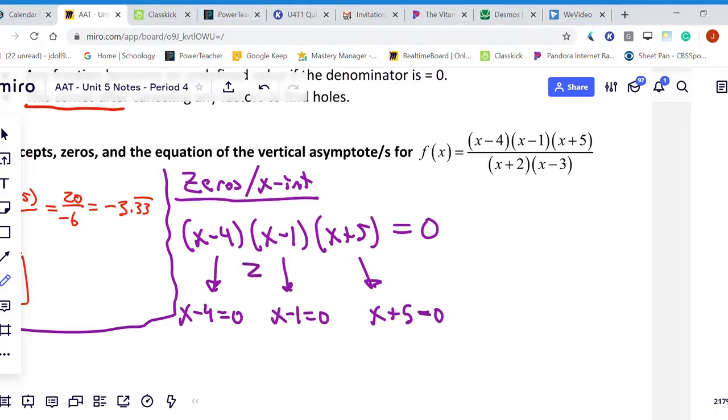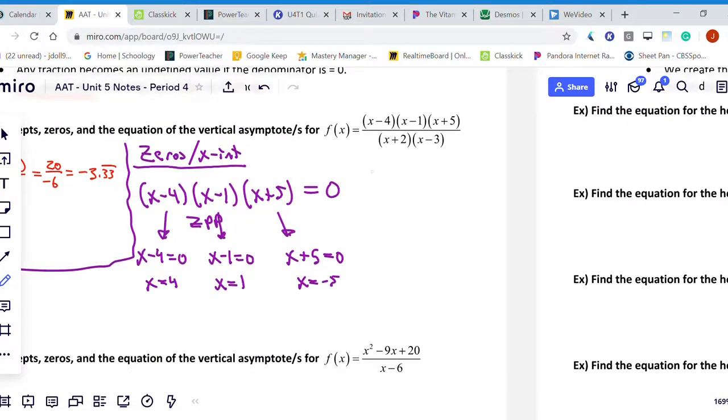This is just what we learned back in the day. So I'm going to find x equals 4, x equals 1, and x equals -5. So my zeros are 4, 1, and -5.